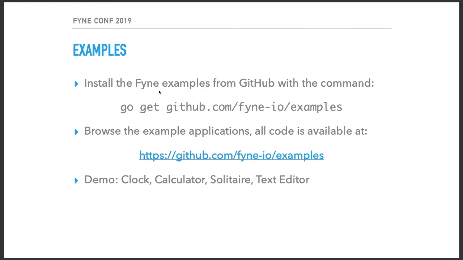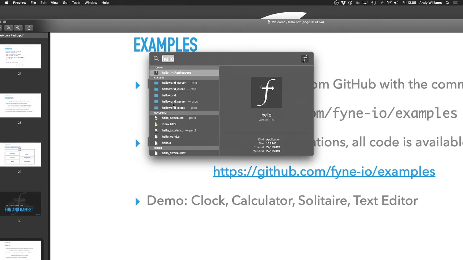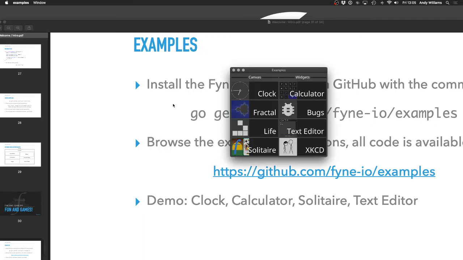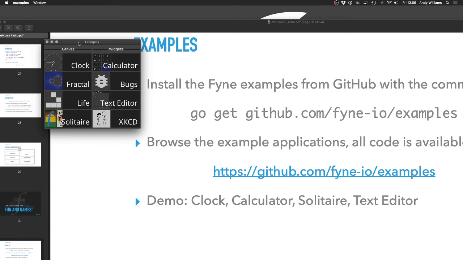So let me bring up the examples application. Now, this can be downloaded and installed locally if you would like to play around with it on your own computer. Go get github.com/fyne-io/examples.